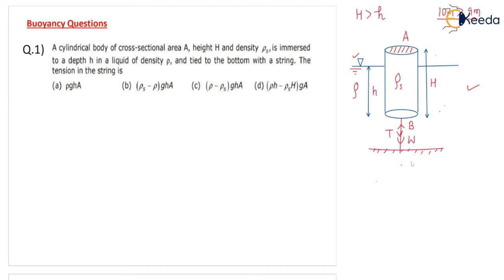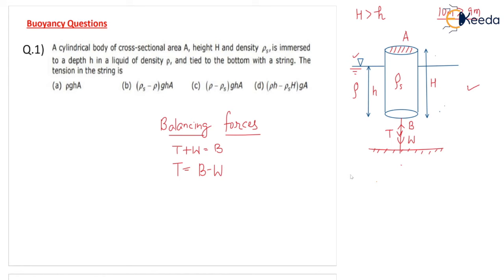We equate the total upward force to the total downward force, and by this we can find the tension in the string. Balancing forces: T plus W, the total downward force, equals the buoyancy force B. So T equals B minus W, correct?